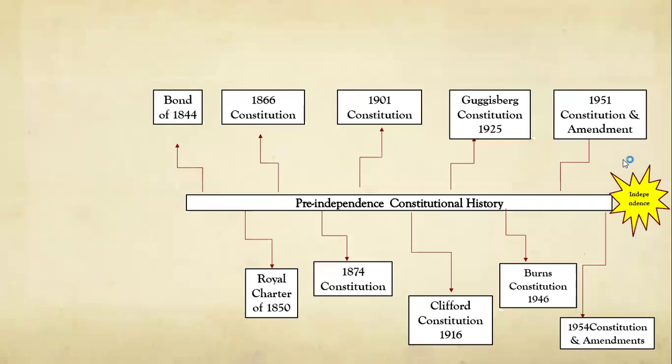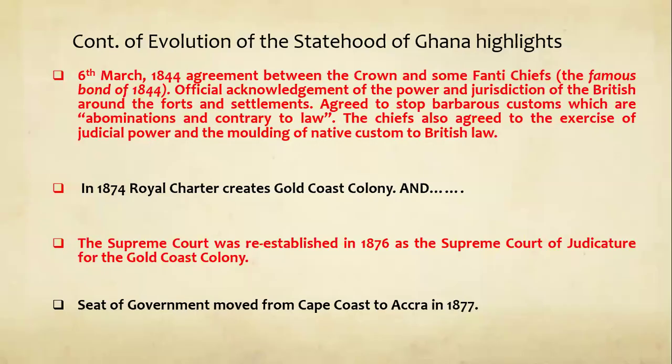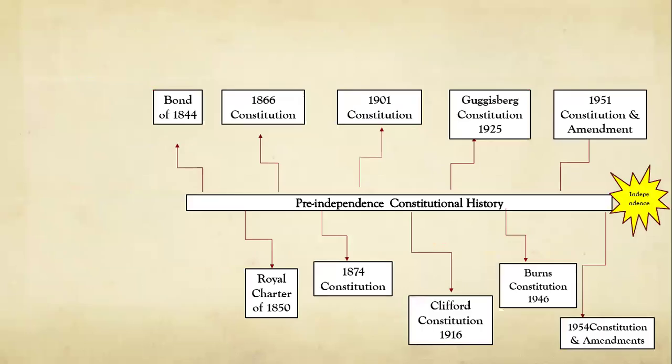So maybe in a pictorial form, this is a rough sketch of the historical journey. As you can see, you have the pre-independence constitutional history. So the Bond of 1844 there, the Royal Charter, which would officially confirm the establishment of the colonies.